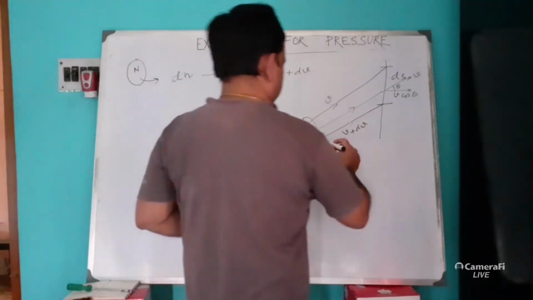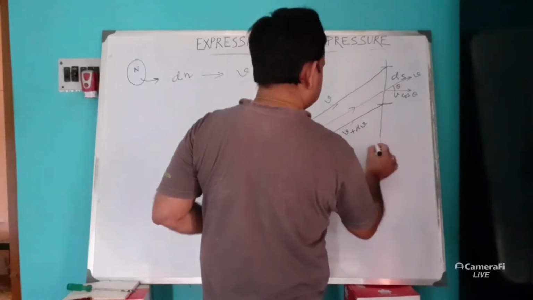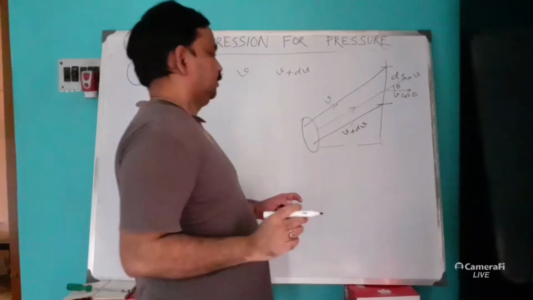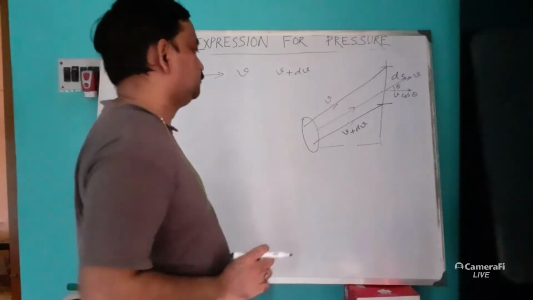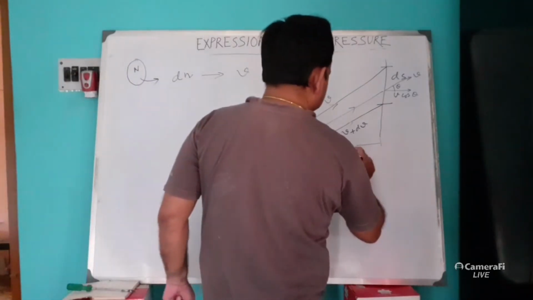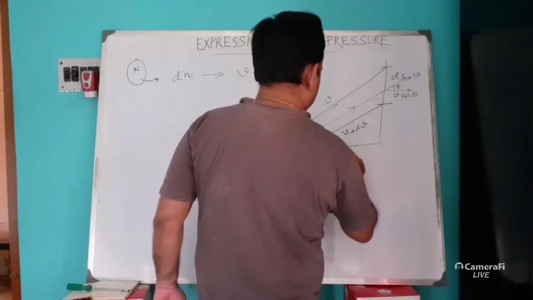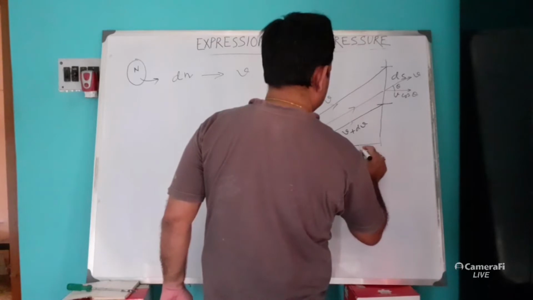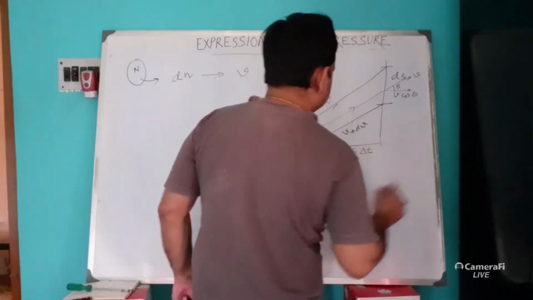Now suppose we consider this to be an elementary volume through which we can capture those molecules having the velocity v and v plus dv. So in time delta t, this length would be v cos theta delta t.